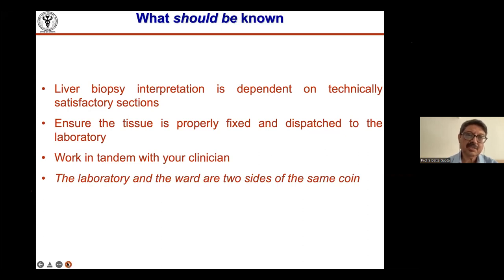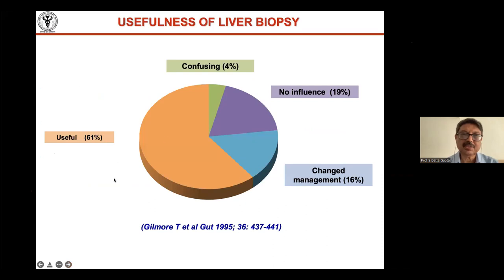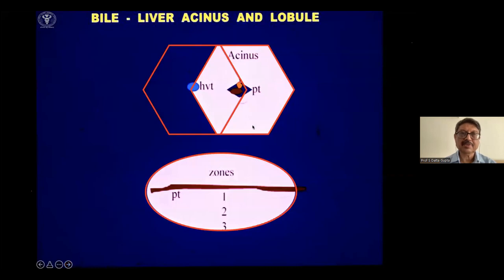You must talk to them rather than exchanging notes of all kinds. It's useful in about 80% of the cases, but in some cases, about 20%, liver biopsies may not be very helpful.